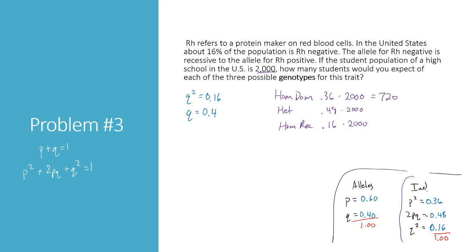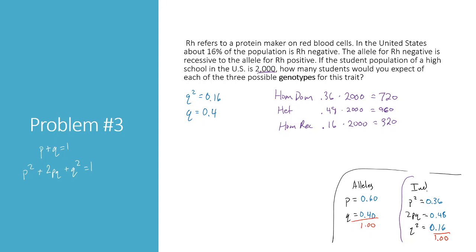For our heterozygotes, we should have about 960 individuals with that genotype, and for our homozygous recessive individuals, we should have about 320.